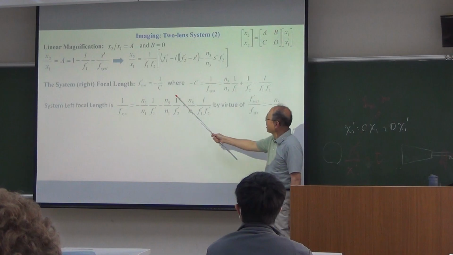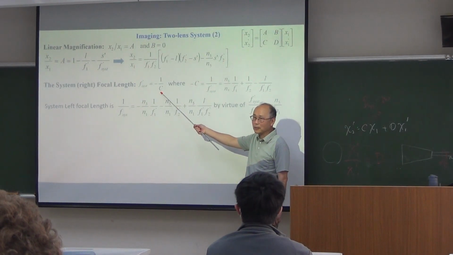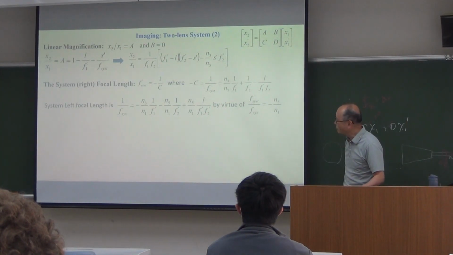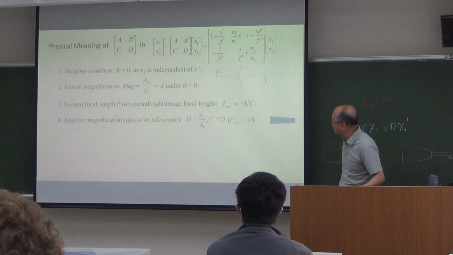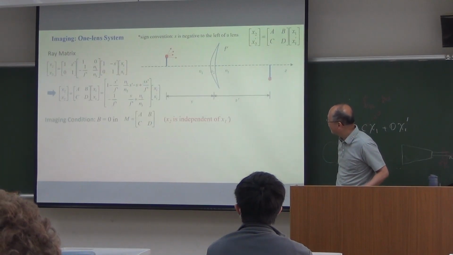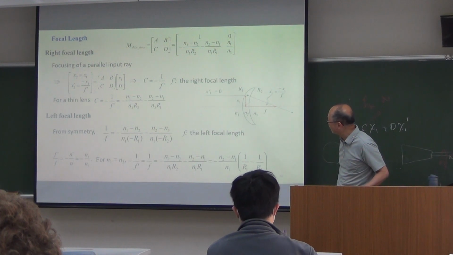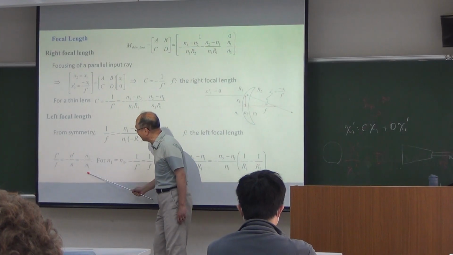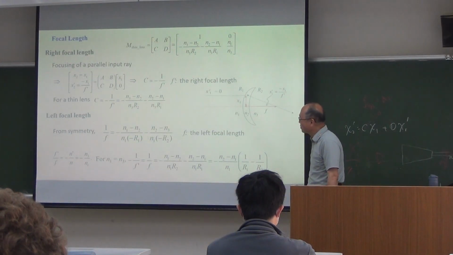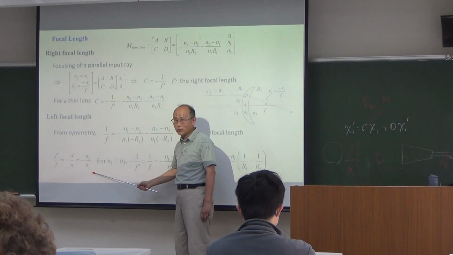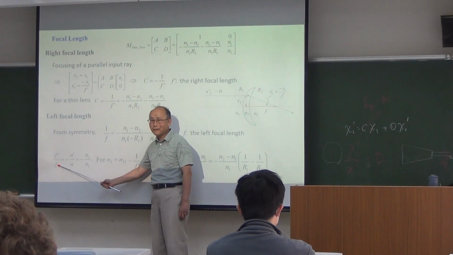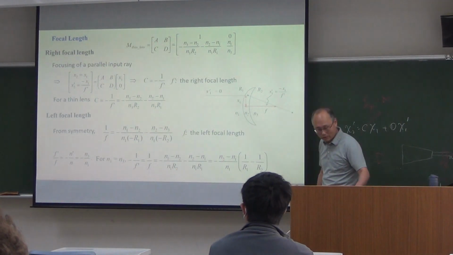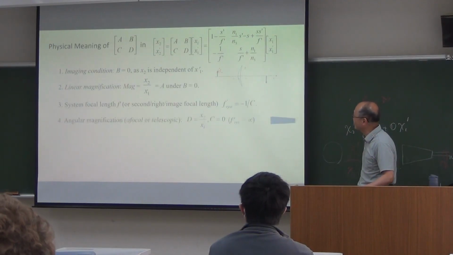And then we have done this calculation for the system focal length. We have this. Previously we had a simple extraction that the ratio of the right and left focal length is equal to the material ratio, right? So based on this relationship, you can deduce the left focal length from a known right focal length, without going through another calculation.